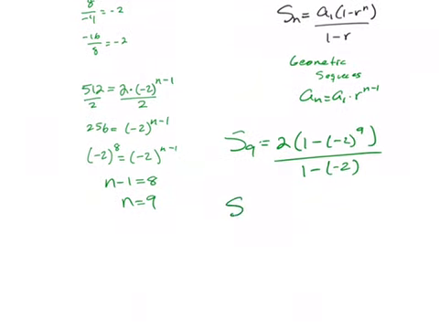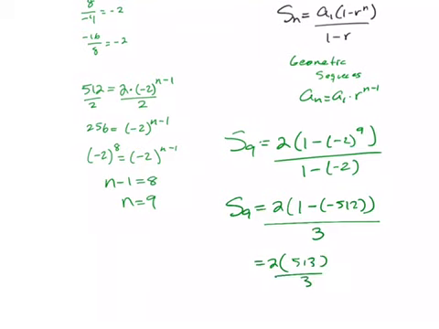So this is 2 times 1 minus -512 divided by 3, right? So 2 times, this becomes positive, 513 divided by 3. Okay, so this is the same as 342. So that means that the sum of this geometric series is 342.